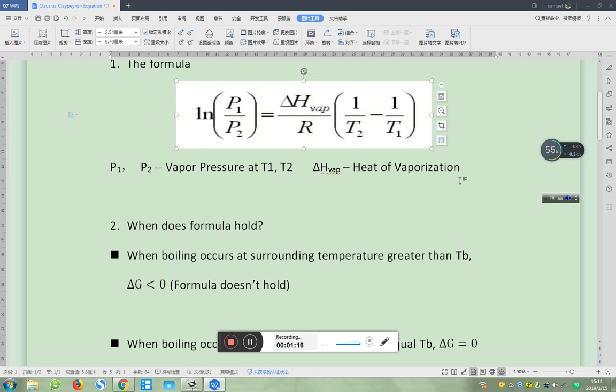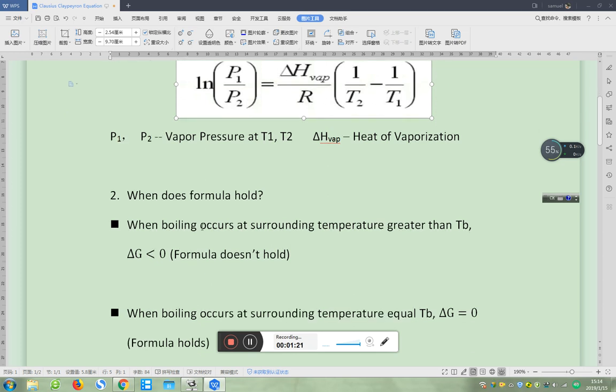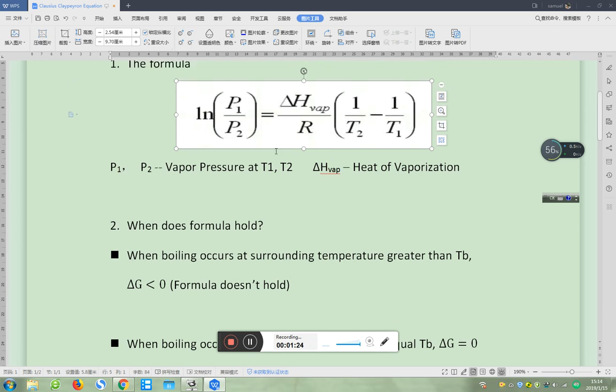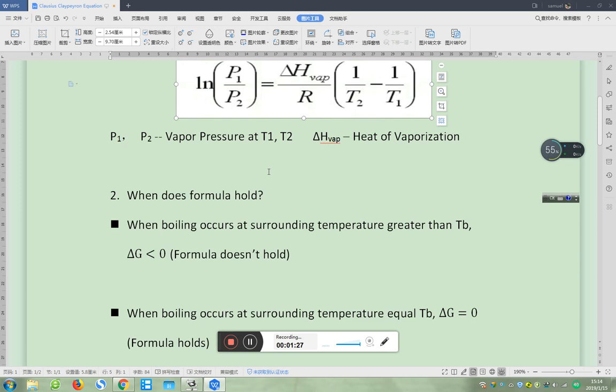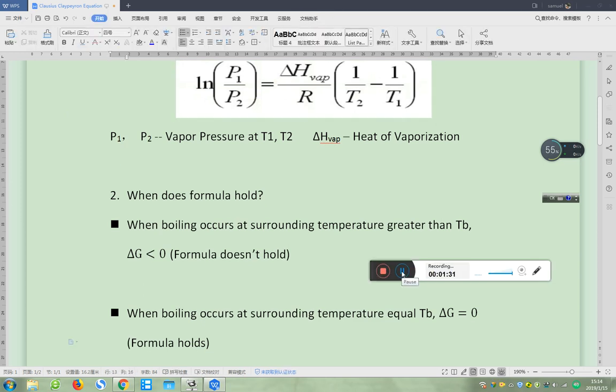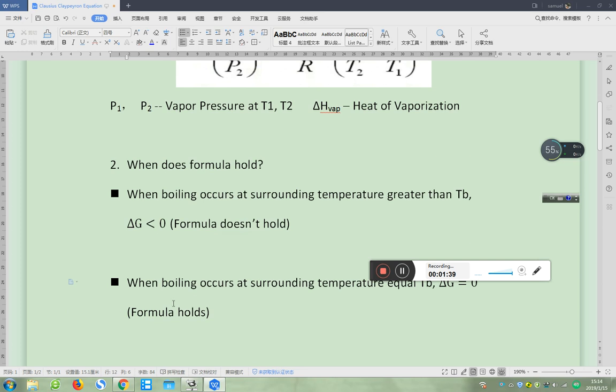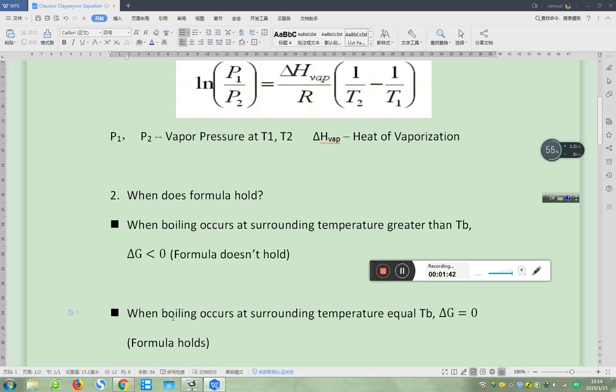Before I do that, let me mention when this equation holds. This equation only holds at the equilibrium condition of a boiling liquid. That occurs when the boiling happens at the surrounding temperature, which is equal to the boiling temperature of the liquid.